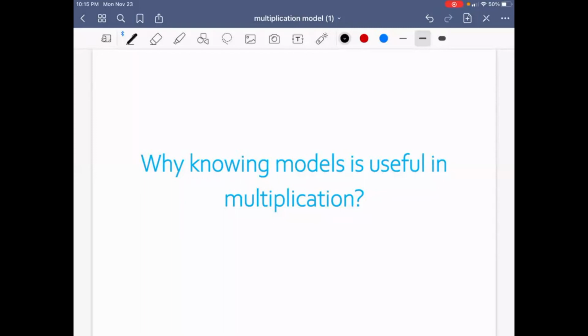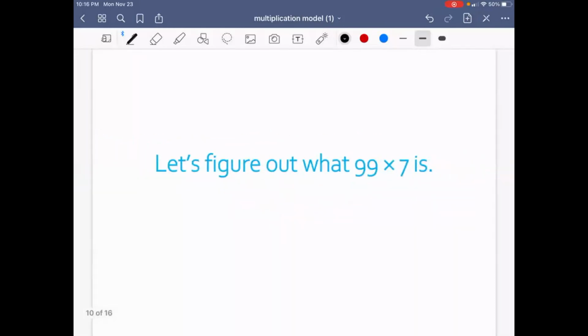So it shows that math is not just numbers. There's also other stuff like pictures. So that's why I think models are something that you just want to have in your head, even though you know column multiplication.